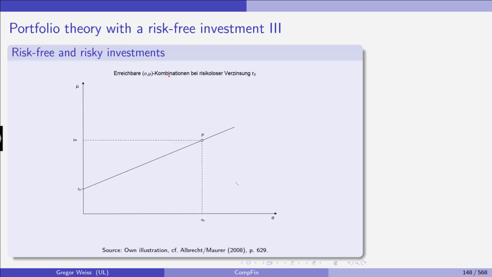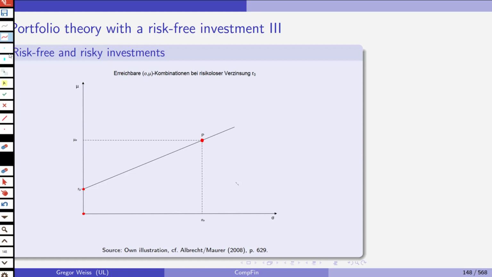Then, what are the feasible combinations with the risk-free investment? Well, obviously, we'll start here at R0. We wouldn't invest below it because for no risk, we get a higher return in our government bond. We have our portfolio here, one possible security portfolio.